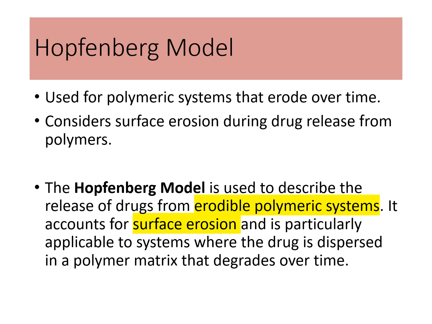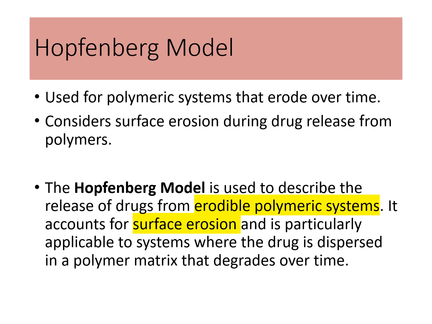Then the Hopfenberg model is used for polymeric systems that erode over time. So this is mainly the erosion based system model. It considers surface erosion during drug release from the polymers. The Hopfenberg model is used to describe the release of drugs from erodible polymeric systems.